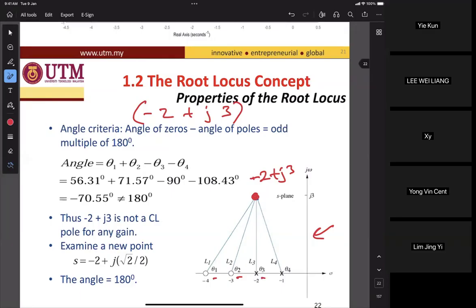Tak datang. Formula just now. Ha? Yalah, apa benda dia? Formula tu apa benda? Dapat formula, bagi detail sikit lah. 2K plus 1 bracket 180 degree. Is it? No. Oh, bukan eh. How to measure theta 1, theta 2, theta 3, theta 4 from this figure?